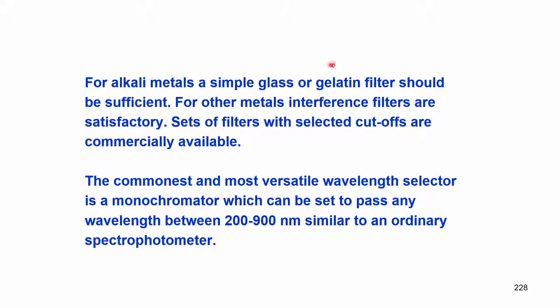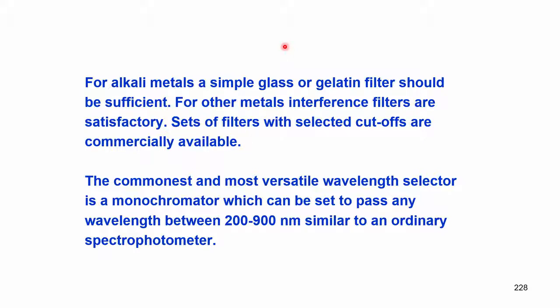For alkali metals, what happens? If I want to determine sodium, potassium, cesium etc., I can use a simple glass or gelatin filter, because most of them have an emission wavelength in the visible range.